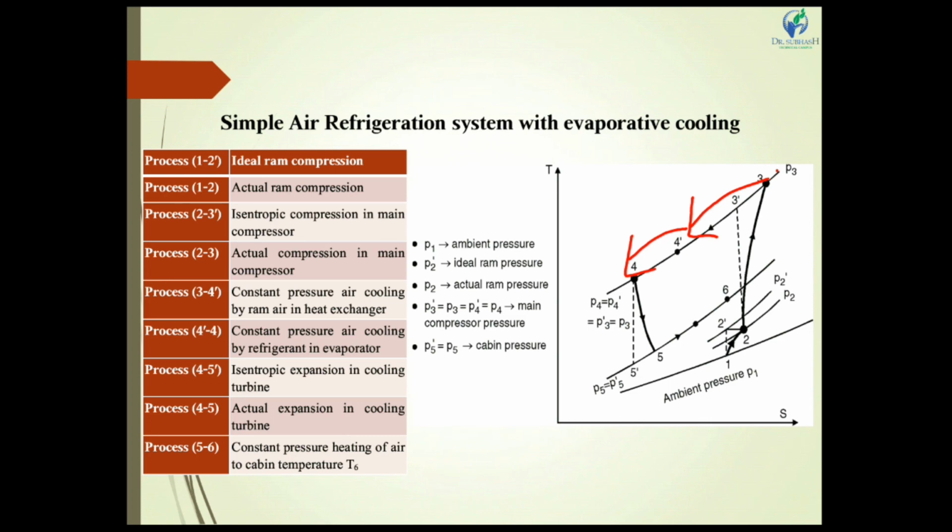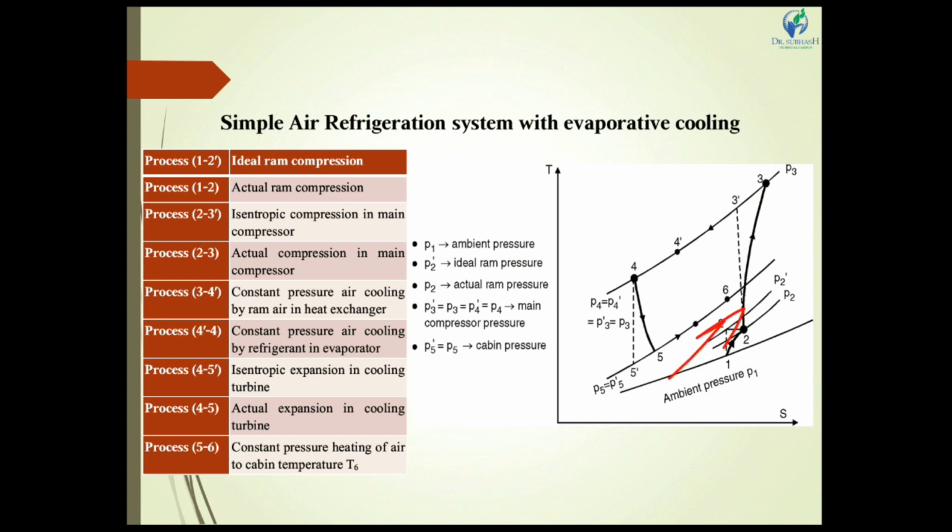This is constant pressure air cooling by refrigerant in the evaporator. Process 4 to 5 dash is the isentropic expansion in the cooling turbine, and process 4 to 5 is the actual expansion process.